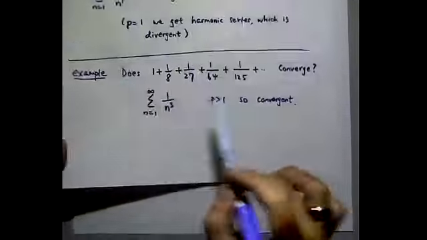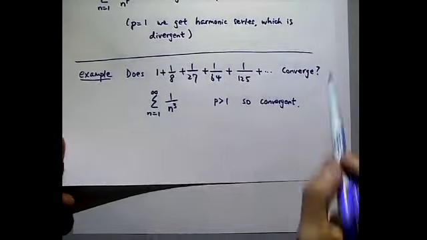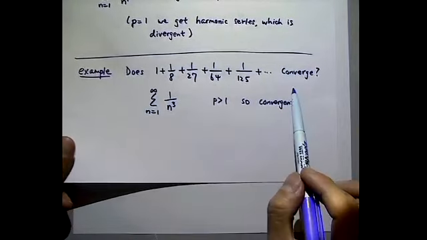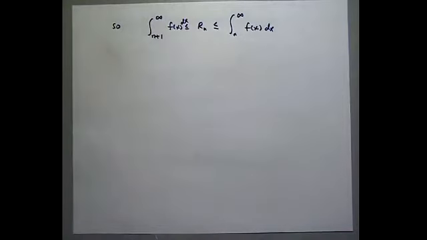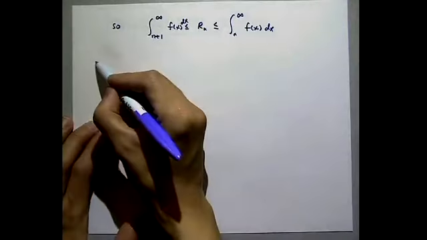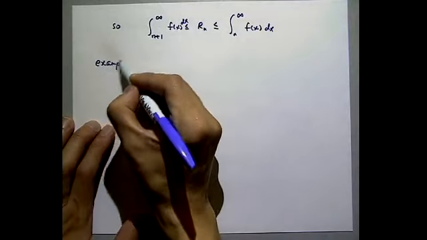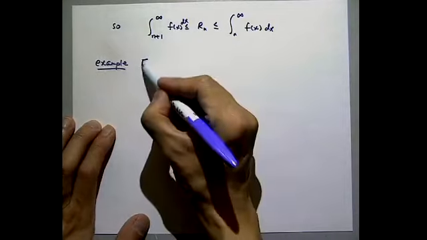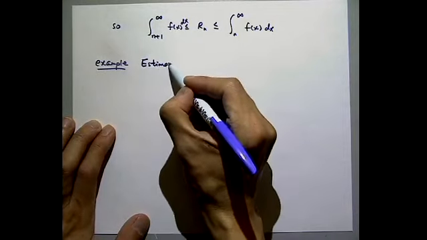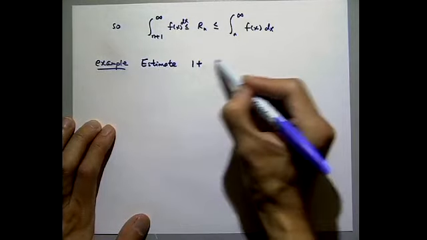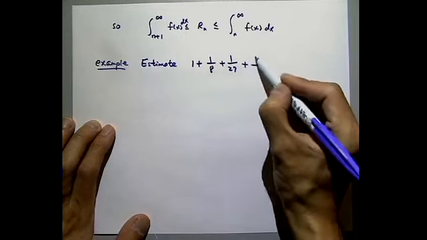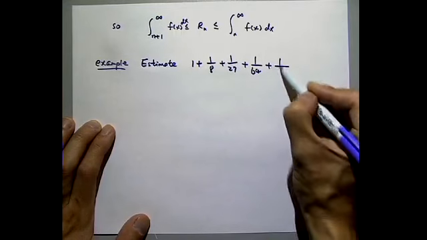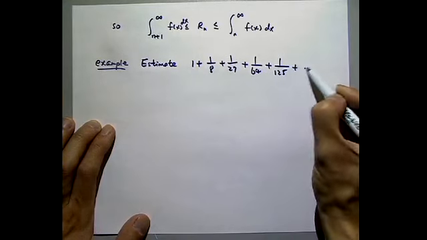Okay, now let's answer the second part of that question that we didn't ask earlier. We found out this is convergent. Now let's find out the sum of that series. Let's estimate 1 plus 1 over 8 plus 1 over 27 plus 1 over 64 plus 1 over 125 plus dot, dot, dot.